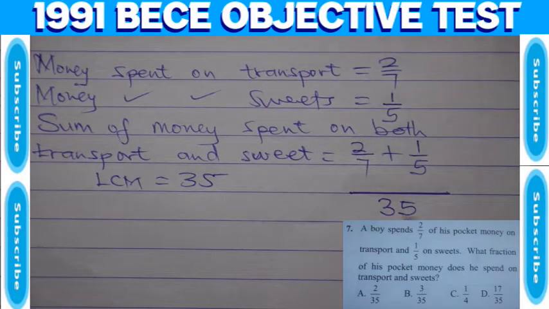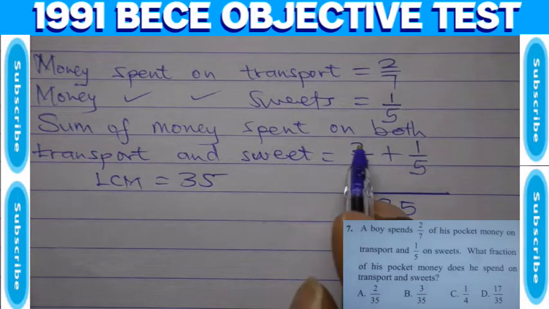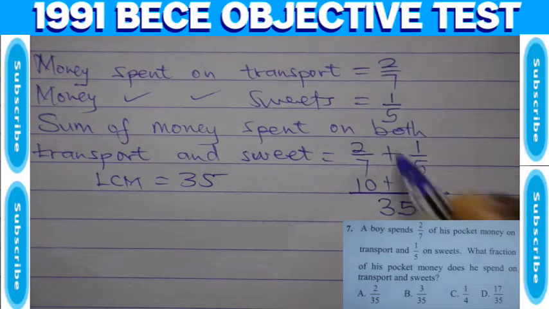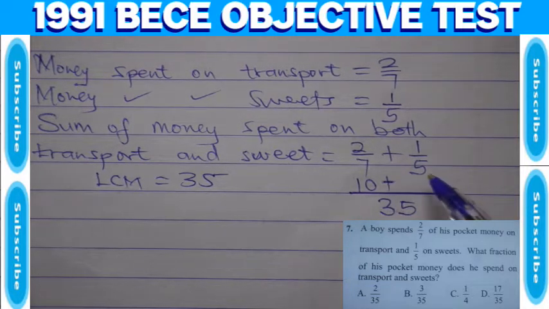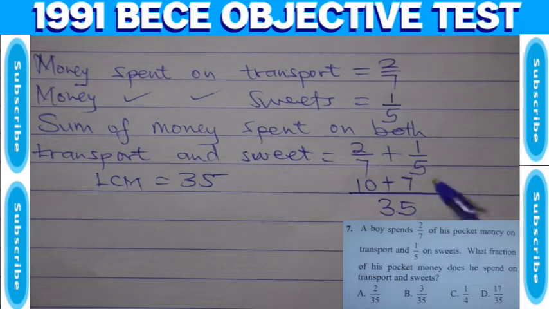So 35 is here. 7 divides 35 5 times. You divide, you multiply. 5 multiplies 2, you have 10. Bring the addition sign. 5 divides 35, you have 7. 7 multiplies 1, you have 7.